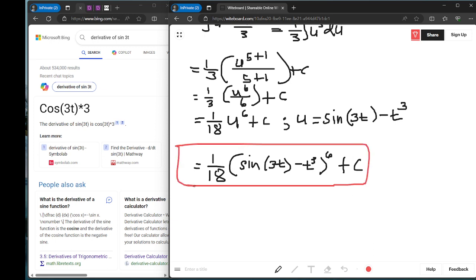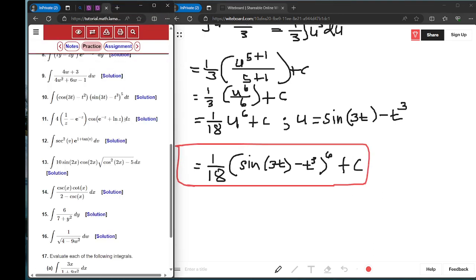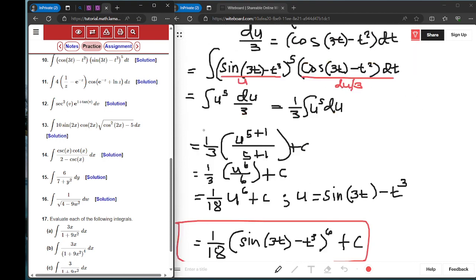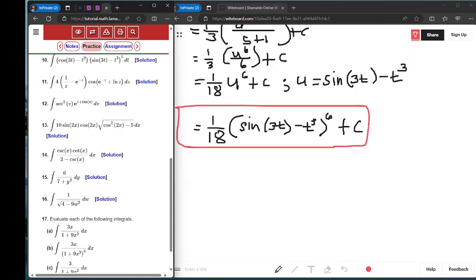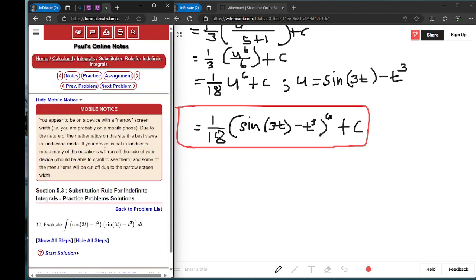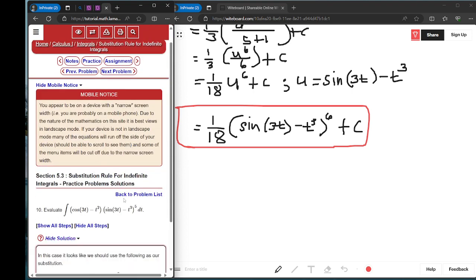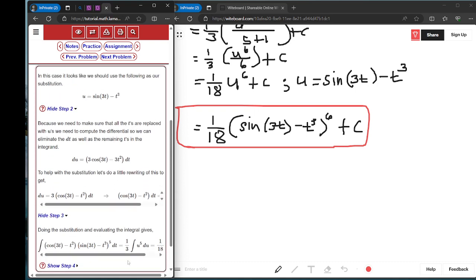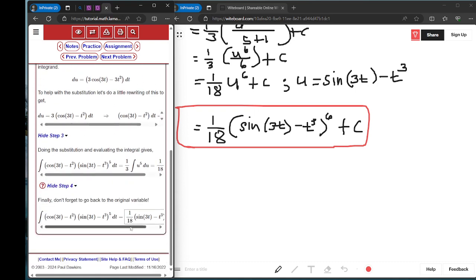Okay, let's check if we got the correct answer. So this is number 10. Let's just go to the final answer.